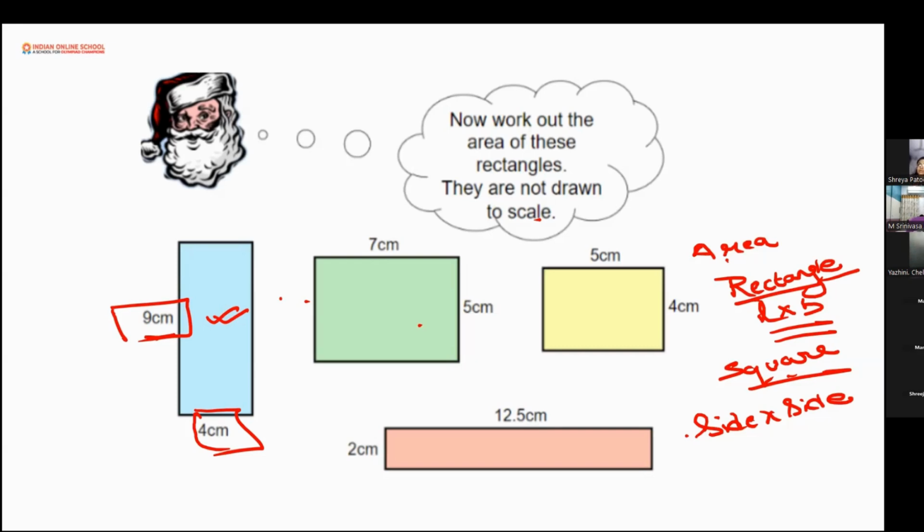Length into breadth. Okay, so simply multiply length multiplied by breadth, 9 multiplied by 4.